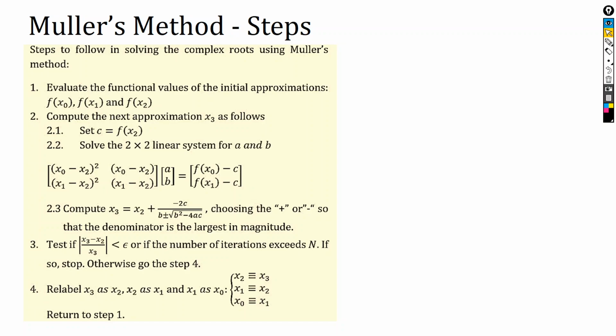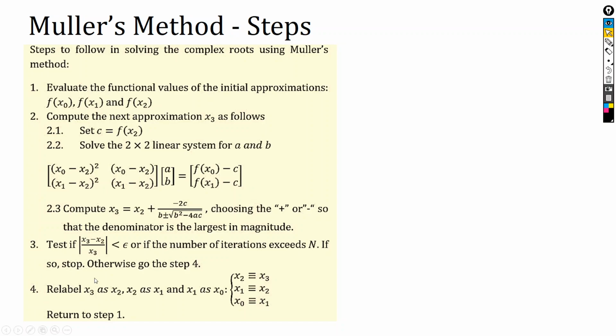Then 2.2, we have to solve the 2 by 2 linear system for a and b, represented by this equation. Then 2.3, we have to compute x3 equal to x2 plus minus 2c over b plus or minus the square root of b squared minus 4ac, choosing the positive or negative sign so that the denominator is the largest in magnitude. So it means you will choose either positive or negative, whichever gives the largest magnitude.